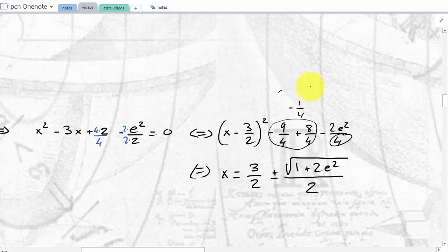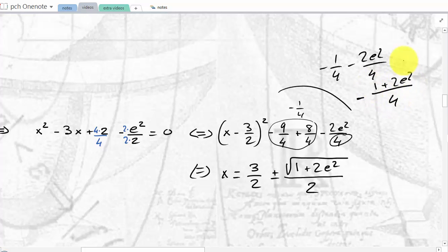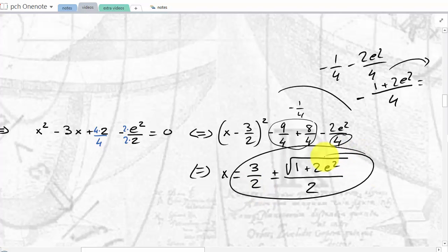Okay, again, on this side, I have negative 1/4 minus 2e squared over 4, which I chose to write as minus (1 plus 2e squared) over 4, right? You move it to the other side of the equality, and you take the square root, plus or minus. All right, now be careful right here. We need to make sure we have not introduced extraneous roots.